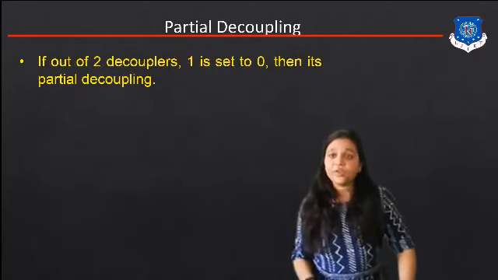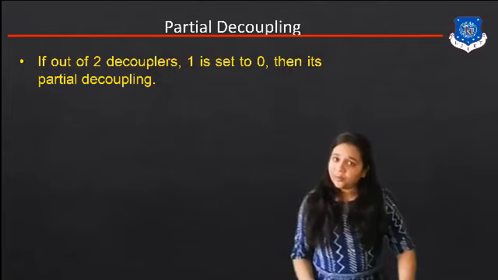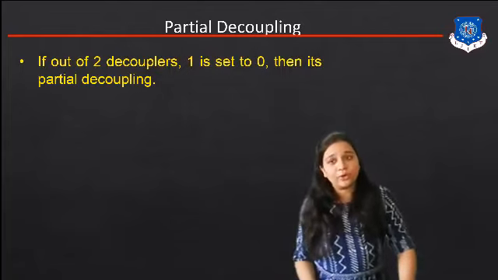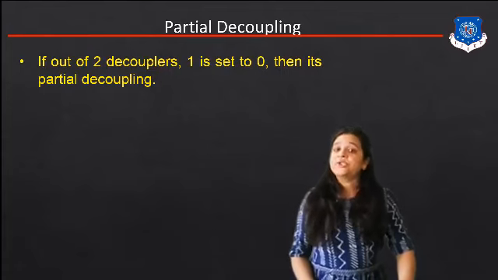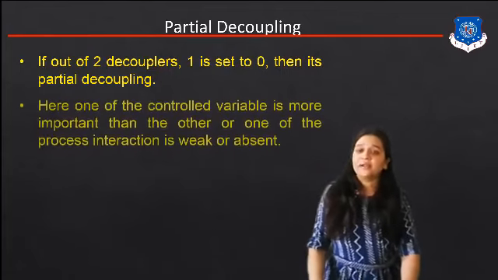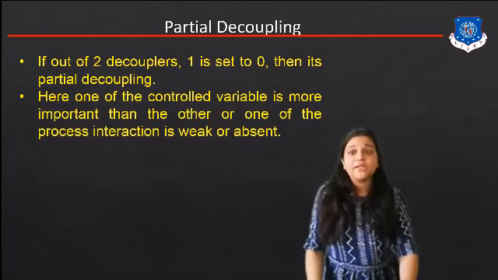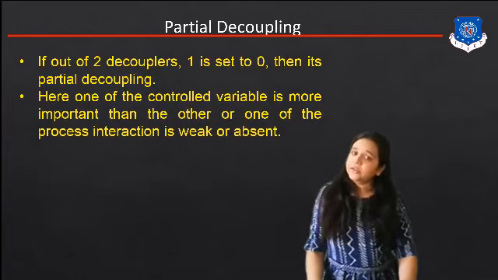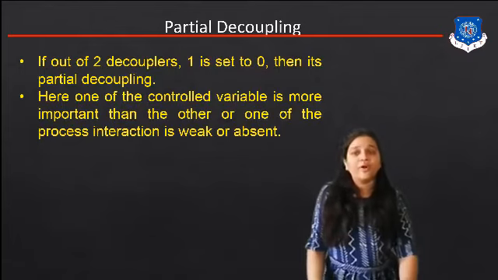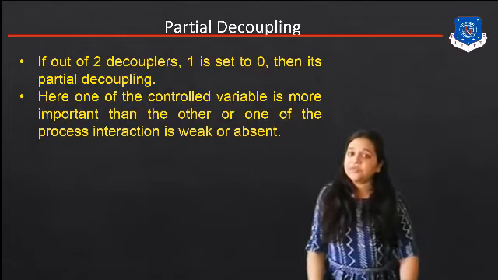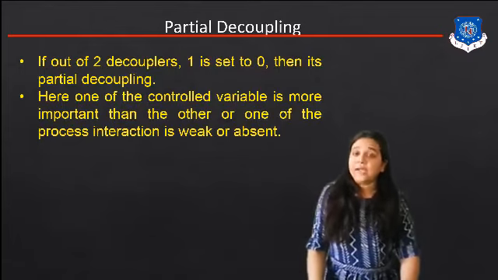If out of the two decouplers, one is set to 0, then it is known as partial decoupling. So here one of the controlled variables is more important than the other, or one of the process interactions is weak or absent. That time we have to use partial decoupling.